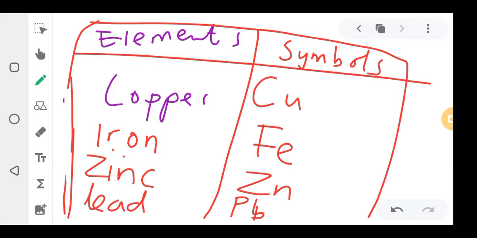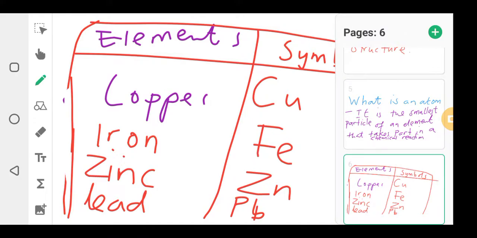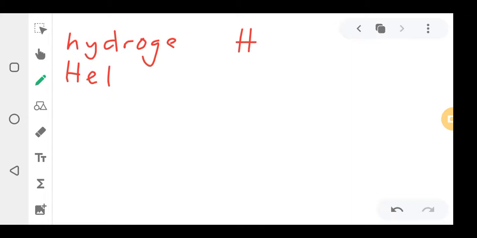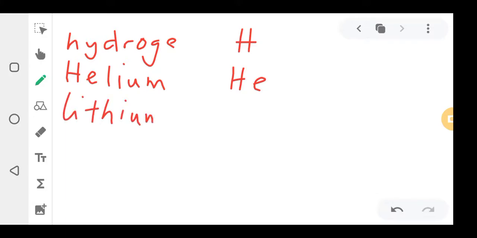You need to know these symbols and some of these elements. The other elements include hydrogen, the symbol is H. Helium, the symbol is He. Lithium, the symbol is Li, capital L, small i.